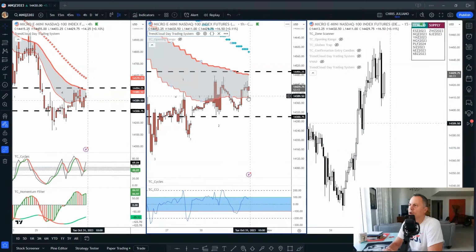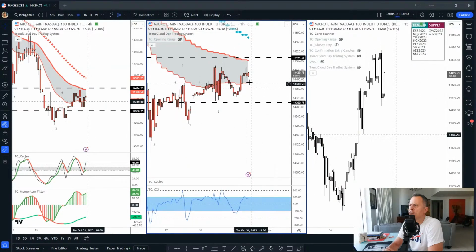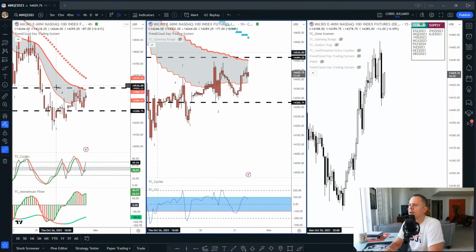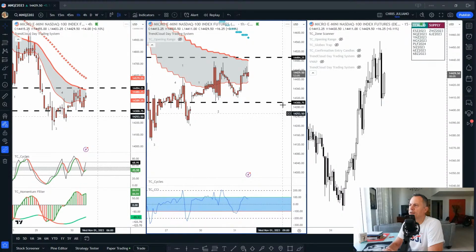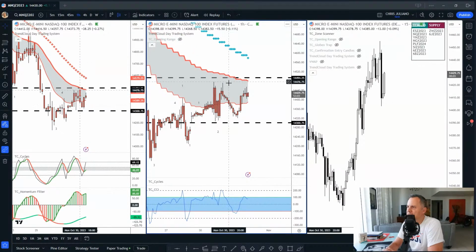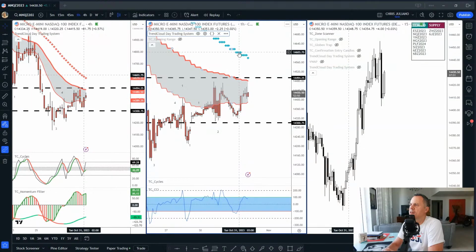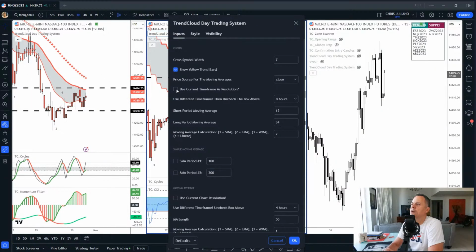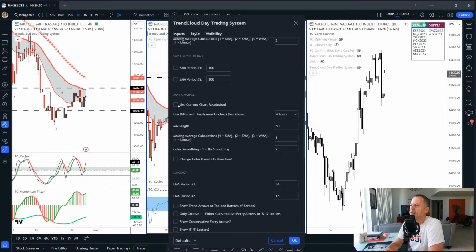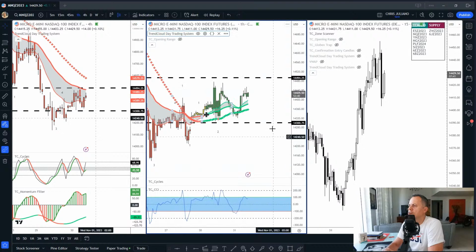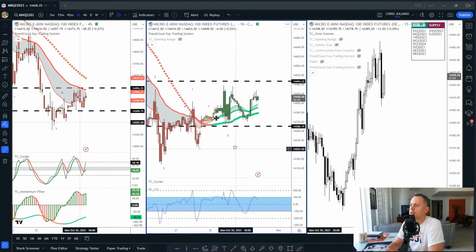Now you see I've got the 1-hour chart with the 4-hour trend cloud, and you can see it's going sideways inside of that 4-hour trend cloud. And so it's just a guide. It's telling you, okay, we're going sideways. So let's just put that back. I just wanted to show you guys that that's what you can do.